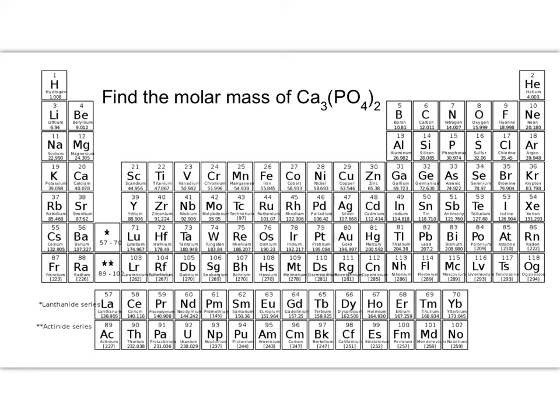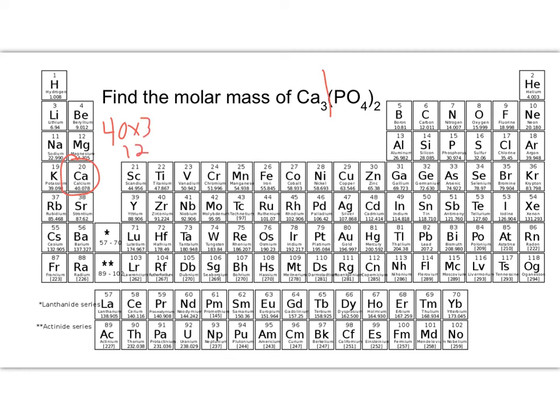Okay, last one. Calcium phosphate, Ca3PO4, 2. So let's break this down and find the molar mass. Okay, so again we're going to start with calcium. Has a mass of 40 times 3.